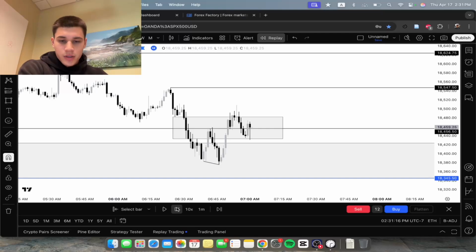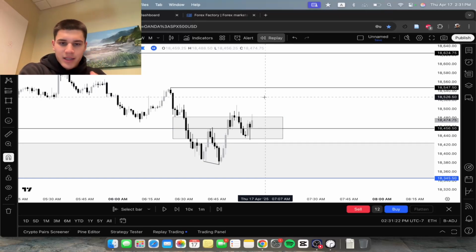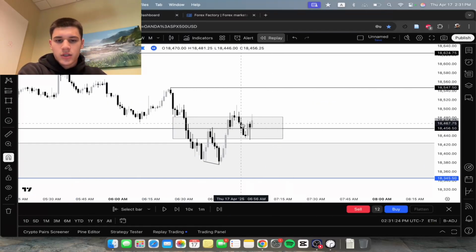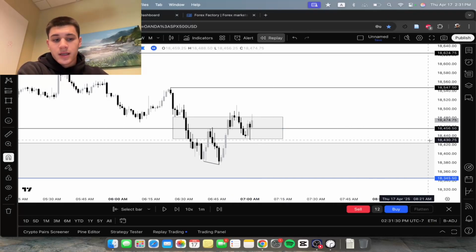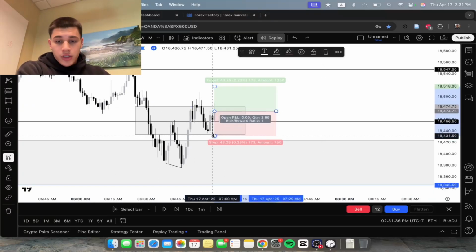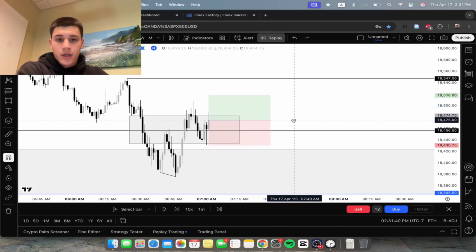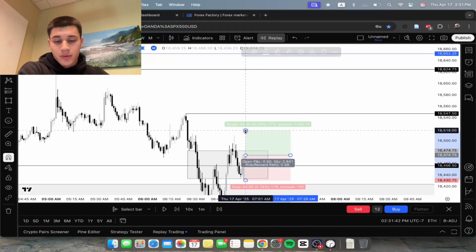We just didn't get a break of structure here. I normally either go off a break of structure or two prominent candles. Like if price decided to just go up here instead of going down, then I would have taken it. I would have been okay with losing. But because price did this, I should have waited for a break of structure, and I honestly did think that was a break of structure, but then I looked more closely and noticed that it was not.